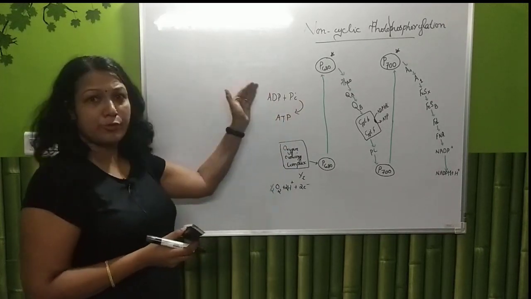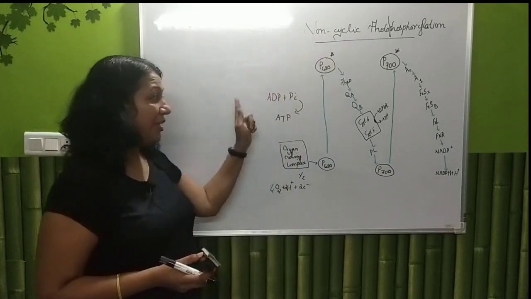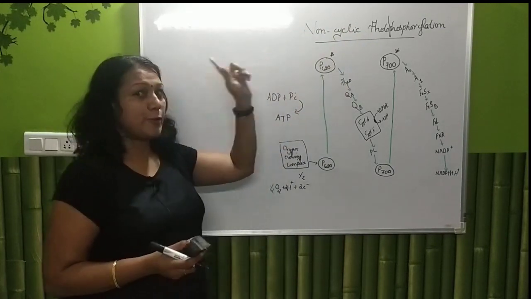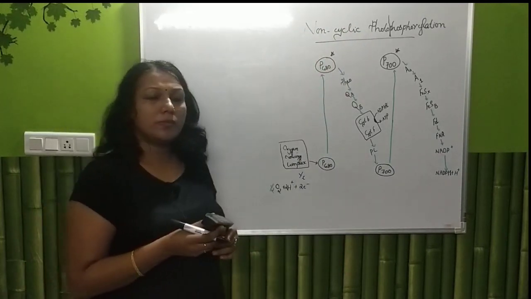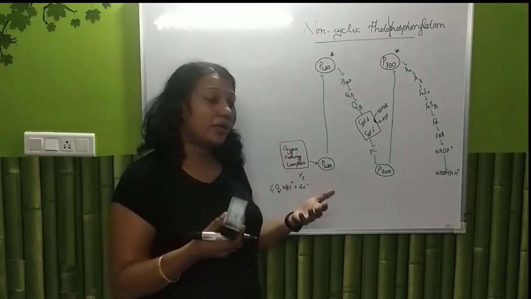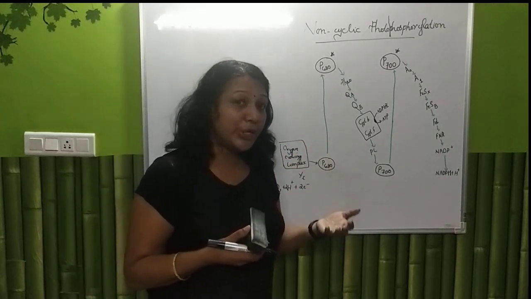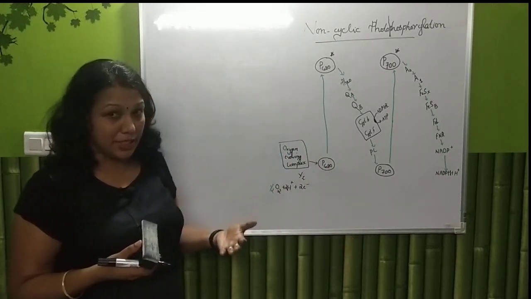So ATP, the energy currency, is formed in the presence of light. That's why we call it photophosphorylation. Photophosphorylation is a method where energy molecules like ATP are produced in the presence of light.